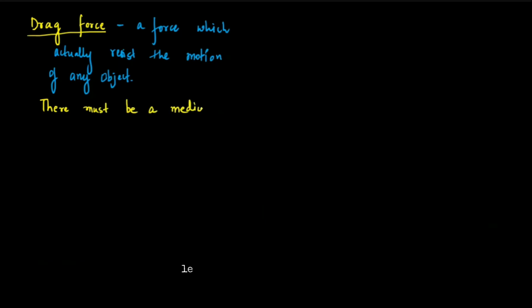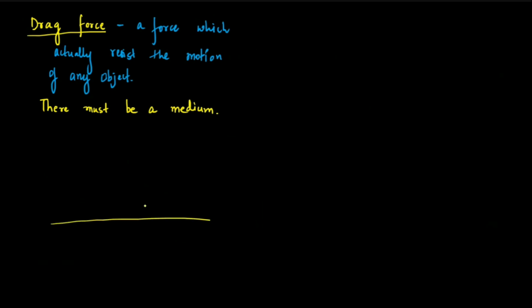In order to understand it, let's take a very simple example. Suppose I ask you a question. If I drop two things, let's say one paper sheet and one ball, from the same height, which object will reach the surface of Earth quickly? The ball.